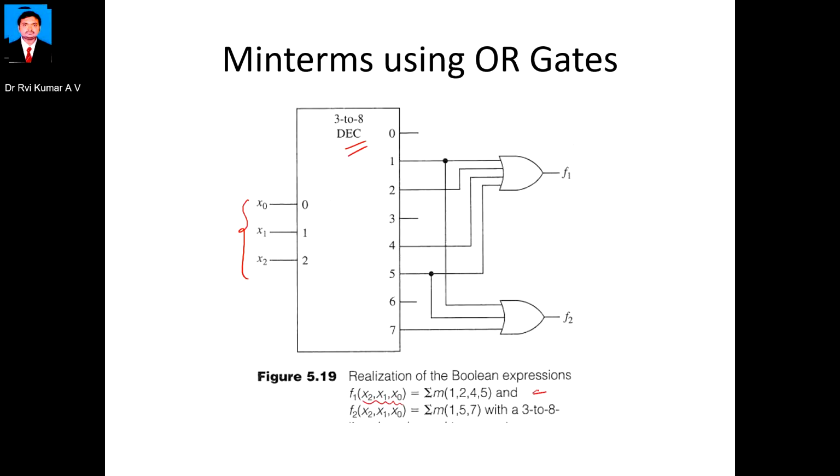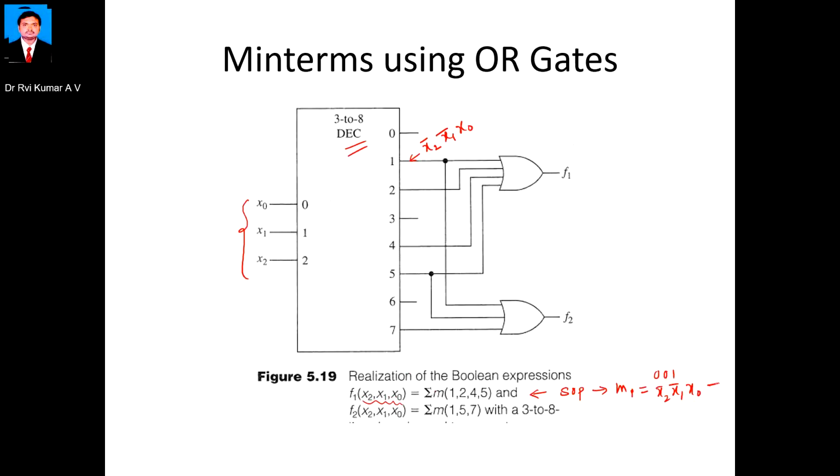This is the SOP expression. In the SOP expression we have the min-term m1. I can represent it as 001, that is x2 bar, x1 bar and x0.